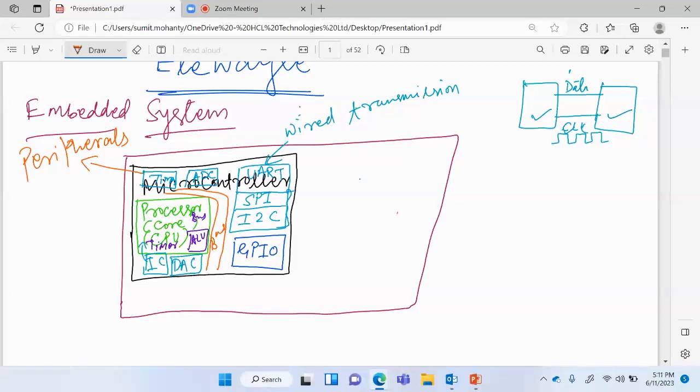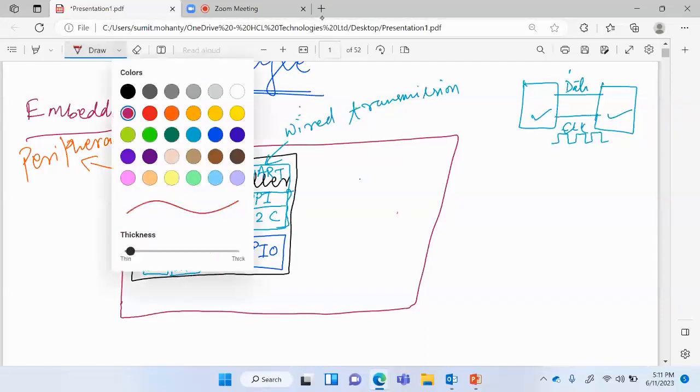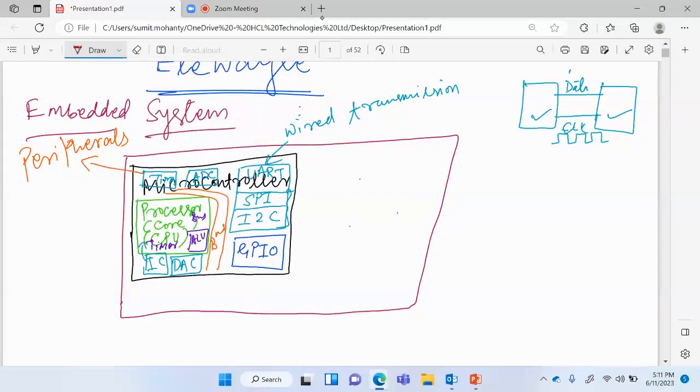Now, this is why we are not calling the Arduino a microcontroller. Arduino is an embedded system because it has a microcontroller. Apart from that microcontroller, we may have some external things in the embedded system.